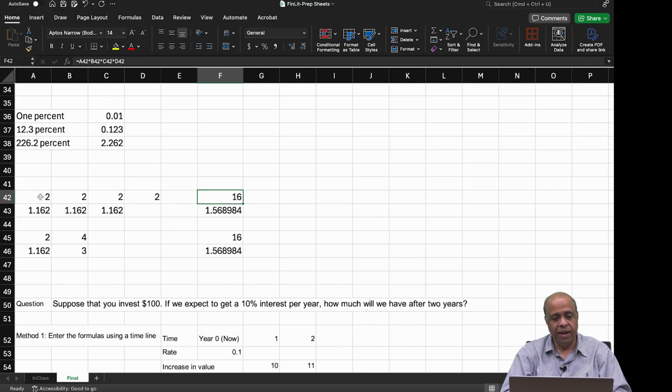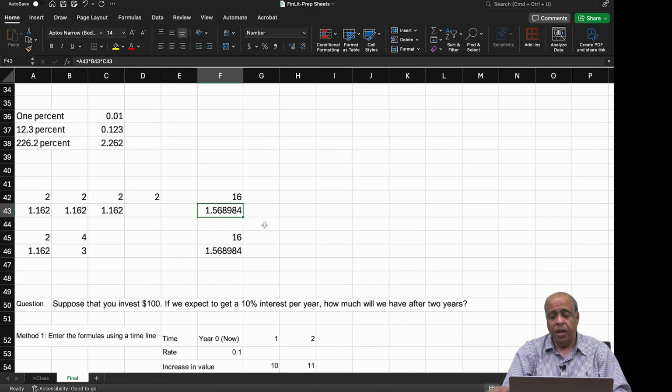So this value times this times this times that, and I get 16. If I have 1.162 raised to the power 3, what can I do? I can write out this 1.162 3 times and then multiply them all out, and then I can get 1.569.